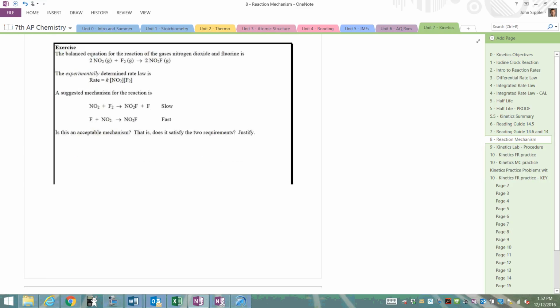In this example, we've got our overall reaction between nitrogen dioxide and fluorine, and experimentally the rate law is rate equals k times the concentration of nitrogen dioxide times the concentration of fluorine. What's the overall order for this reaction?